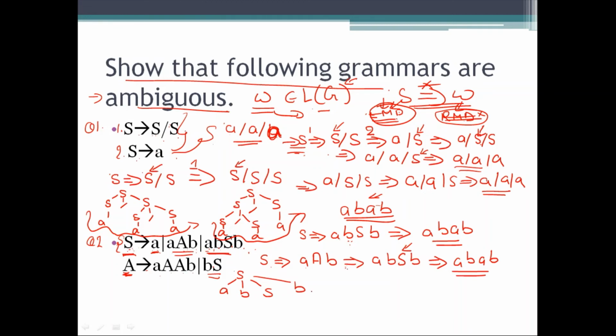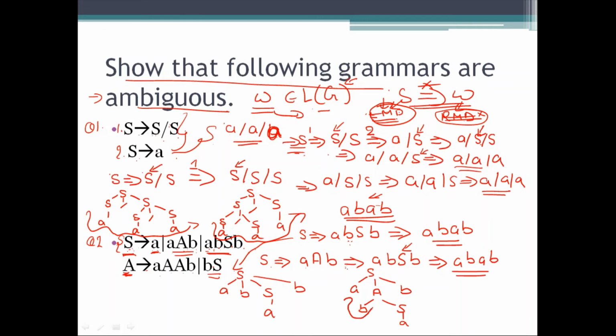So A, B, S, B. Now S is going to be replaced by E for this first derivation. For the second one, S is rewritten as AAB. Again, A is rewritten as BS, and this S is going to be replaced by A.